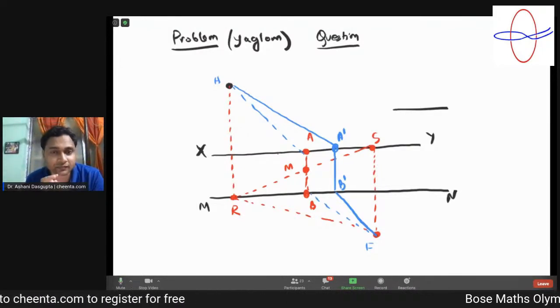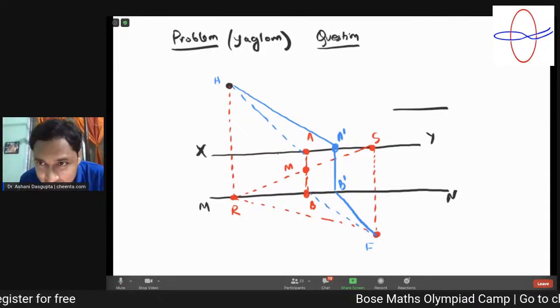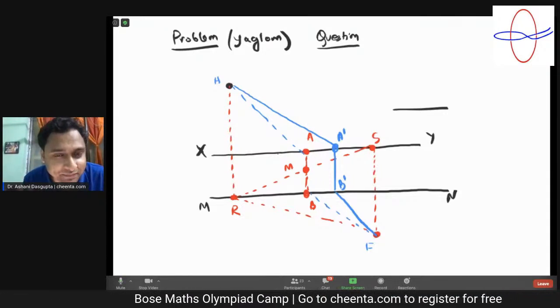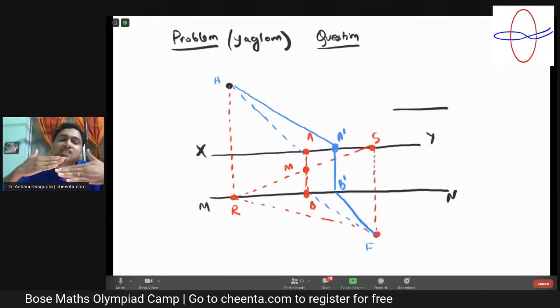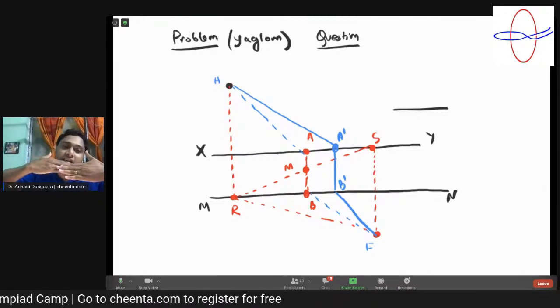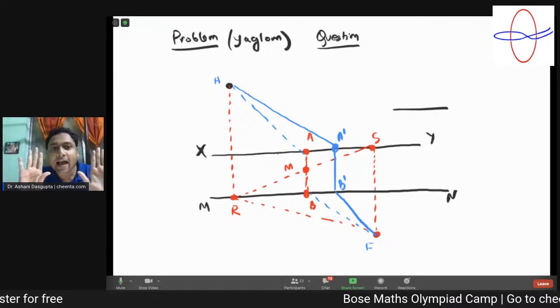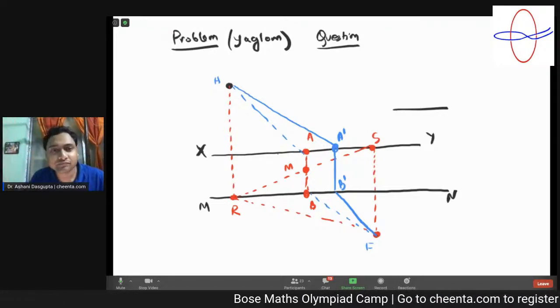Okay, I'll give you a hint so that you can accelerate the way you are thinking. Imagine translating the MN bank, push the bank to XY.